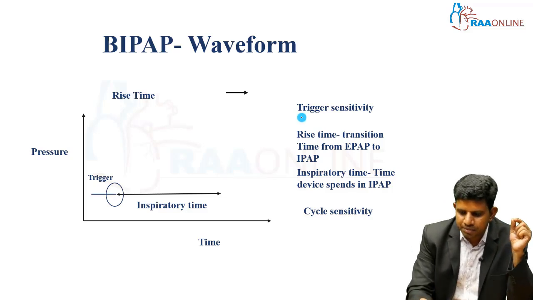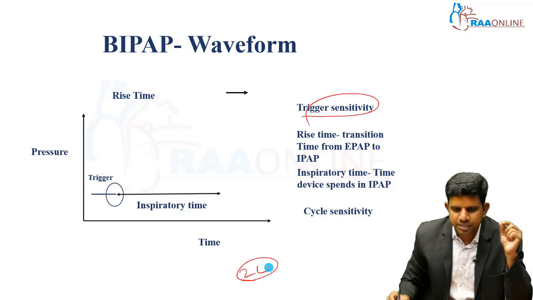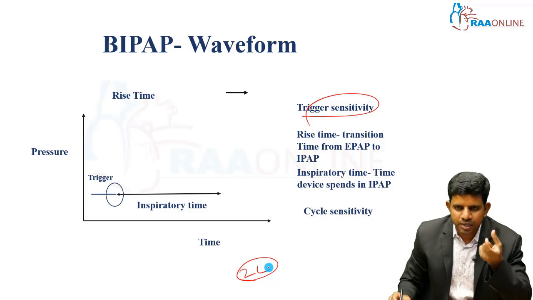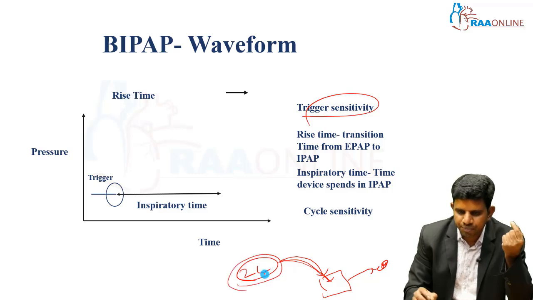For example, I set a trigger sensitivity of 2 liters. If my patient takes a spontaneous breath, with negative pressure, some of the flow will go to the patient's lung. Because of that, there will be a flow deficit in the circuit.